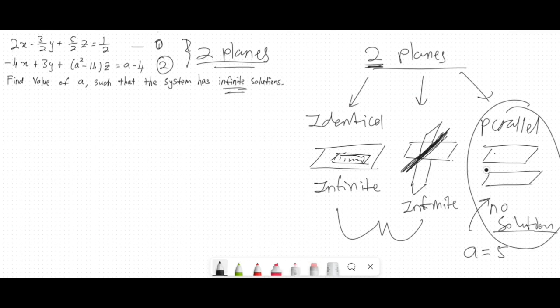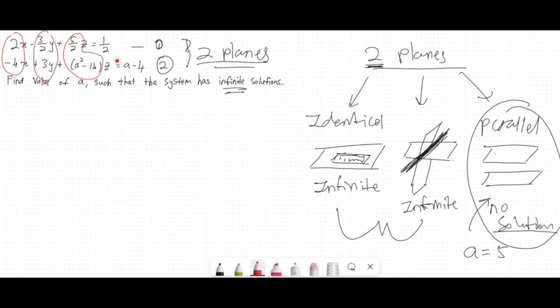Right? Let's see. When planes are parallel, the coefficients of the variables should be the same or different by a factor. So these two should be different by a factor, these two should be different by a factor, and these two should be different by a factor.